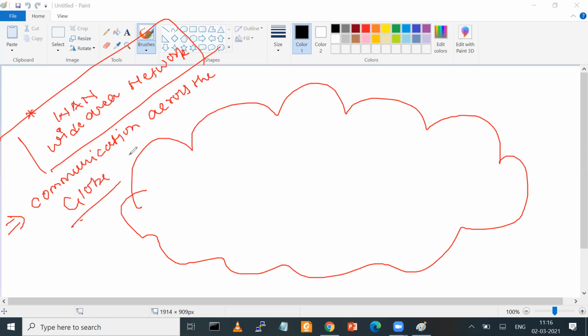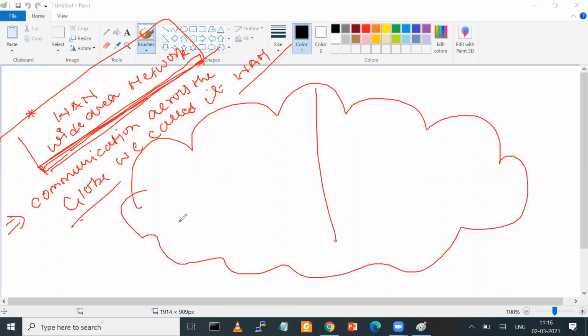Communication across the globe, we called it WAN, or wide area network. Let's say if you are trying to communicate globally, and you have two computers, one here in India and another in New York, and you want to connect these two machines.